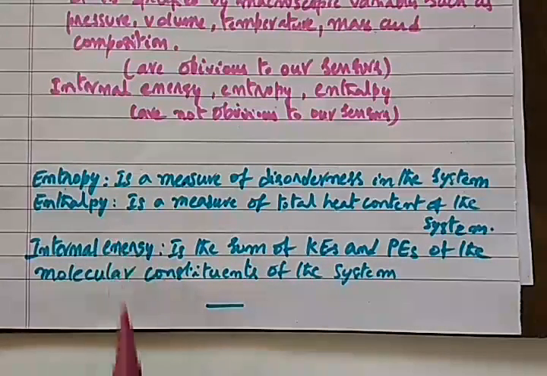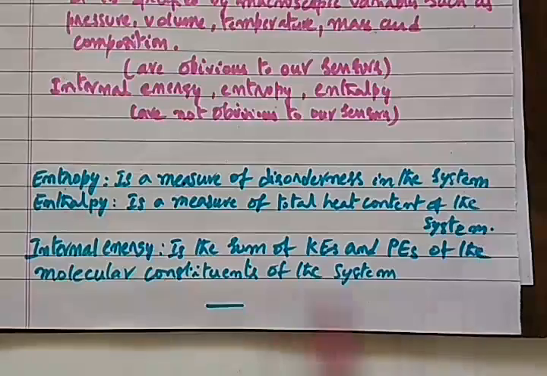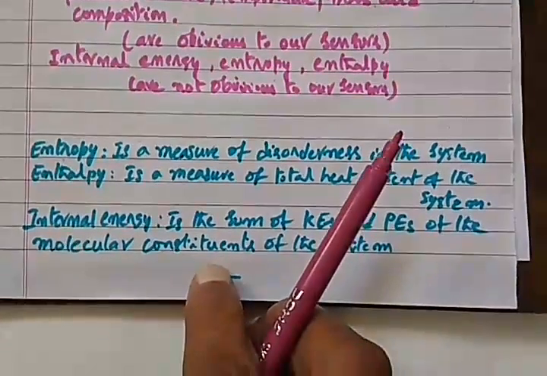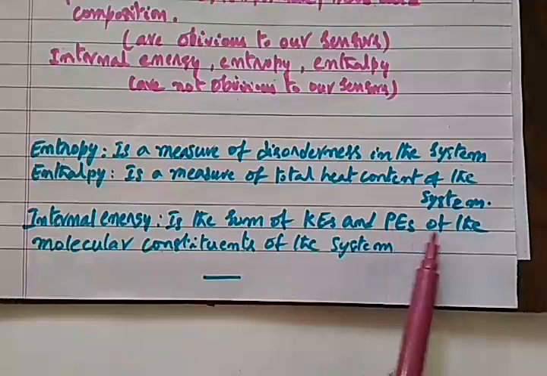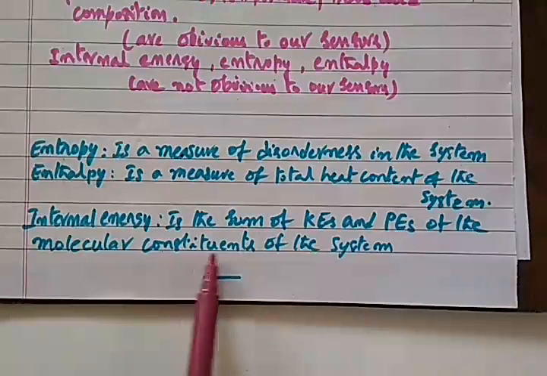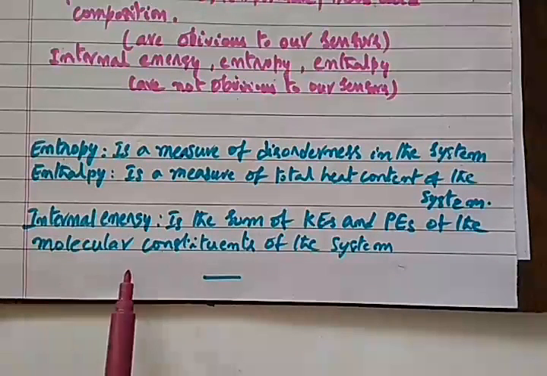This is again a very important thing. And internal energy is the sum of kinetic energies and potential energies of the molecular constituents of the system. So these three things, entropy, enthalpy, and internal energy, and many more new terminologies we encounter, we will study in detail.